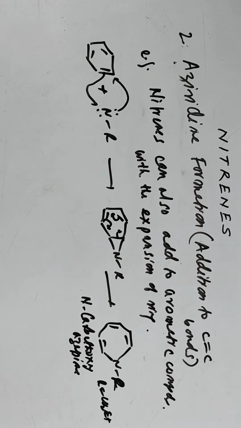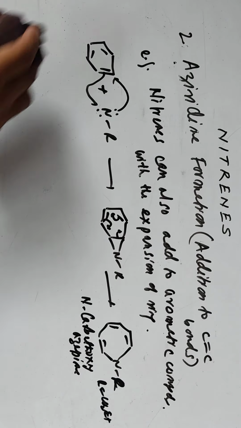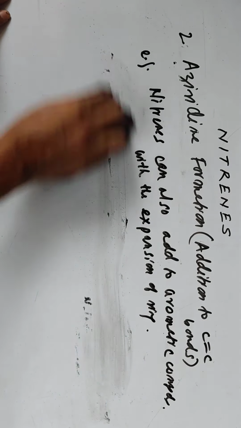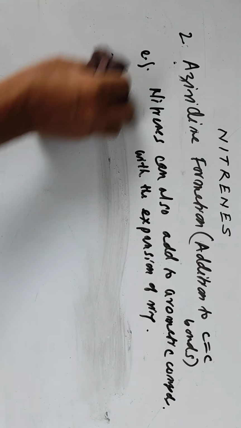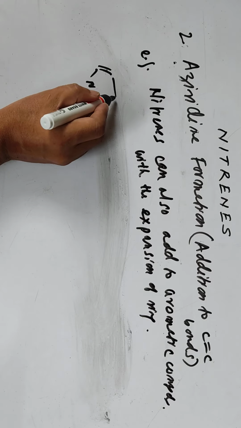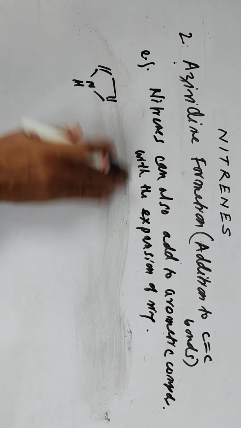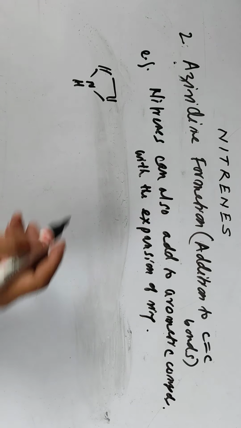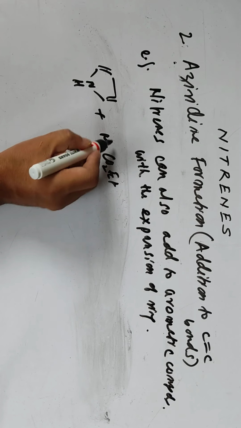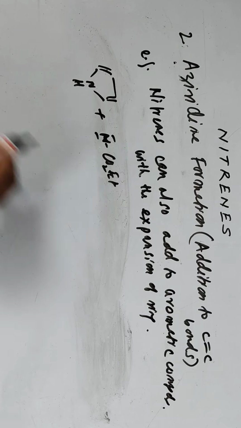Another example is when nitrenes can also add to pyrrole. I will write another example. Nitrene, N-CO2Et, carbethoxynitrene, can also add to this one, like this. This is nitrogen.